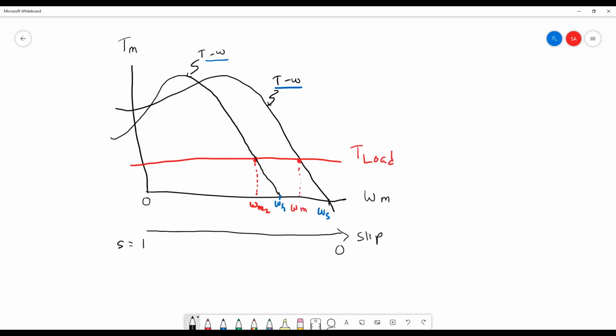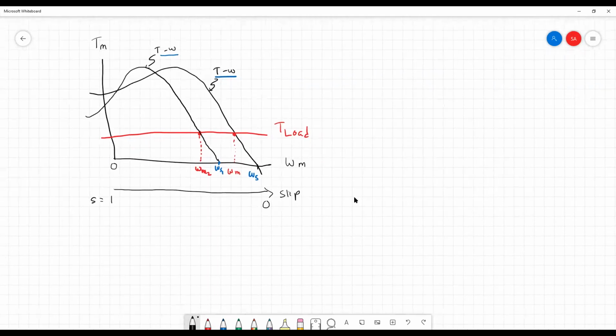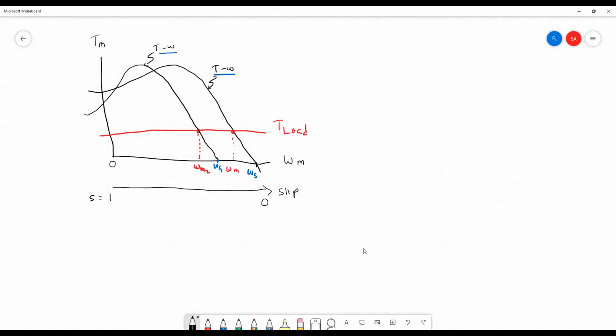There are three methods on how to change the torque speed characteristic of the motor. The first one is by changing the number of poles.